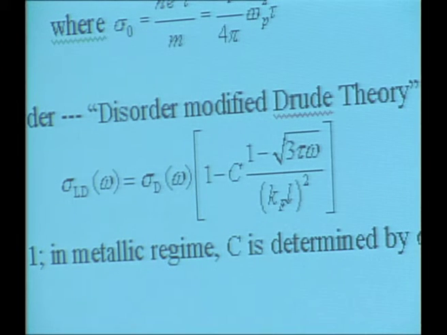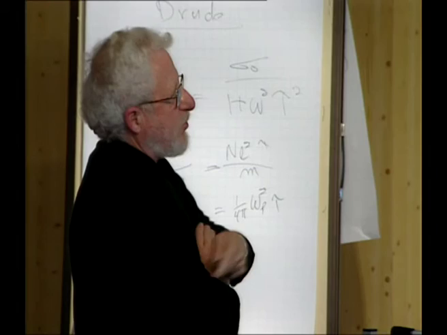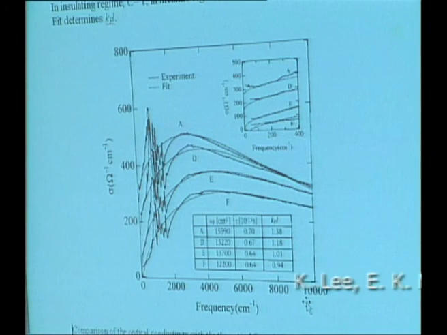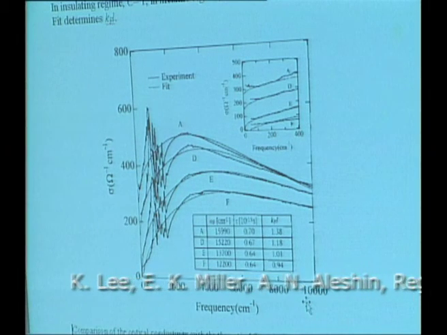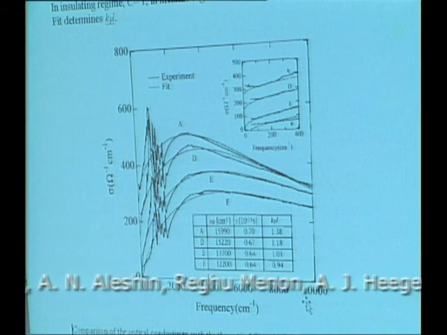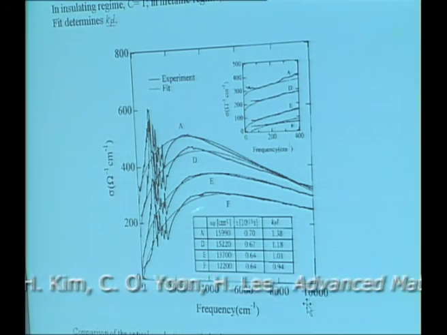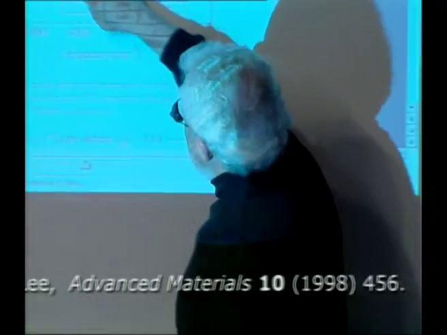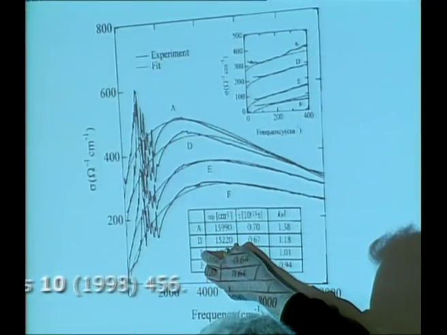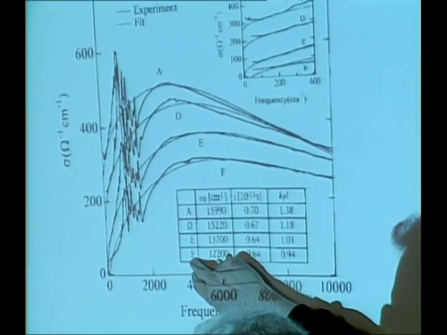As you go into the insulating regime, C goes to 1 times KFL squared. So if you take data of this kind, you can fit these equations. And from the 0 frequency resistivity, you get this constant, and KFL determines the shape. This is the most metallic, this is the next, this is the critical point, this is the more insulating.